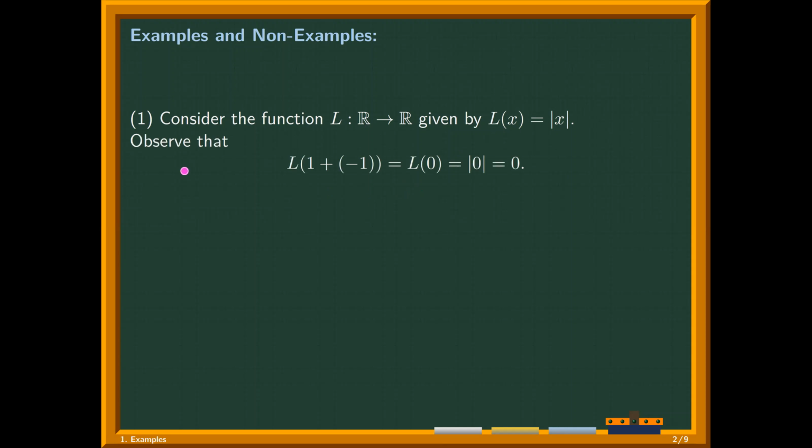So observe that if we take real numbers 1 and -1, so these are two vectors from the domain, the image of their sum is equal to the image of 0, which by definition is equal to the absolute value of 0, or 0. So this is L of 1 plus -1. Let's compare this with L of 1 plus L of -1.